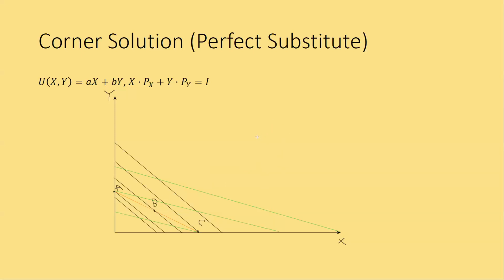So if the slope of the indifference curve is steeper than that of the budget line, which are the black lines, the consumer will be consuming good X only and consume 0 units of good Y. Conversely, if the slope of the indifference curves is flatter than the budget line, then the consumer will consume good Y only and 0 units of good X. I'm going to describe the condition in a clearer way in the next slide. This is our conclusion, or what we can observe from the graph.